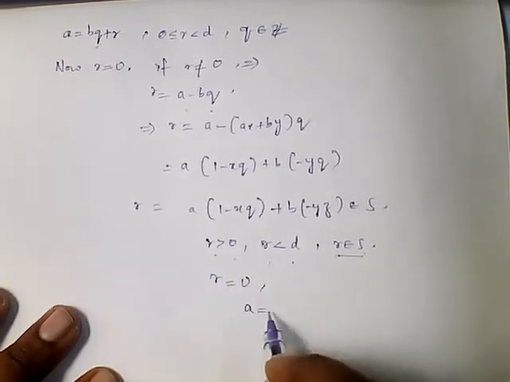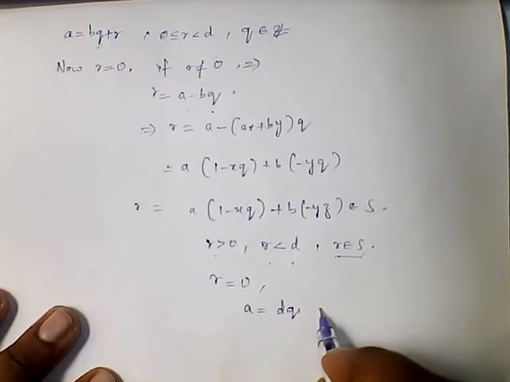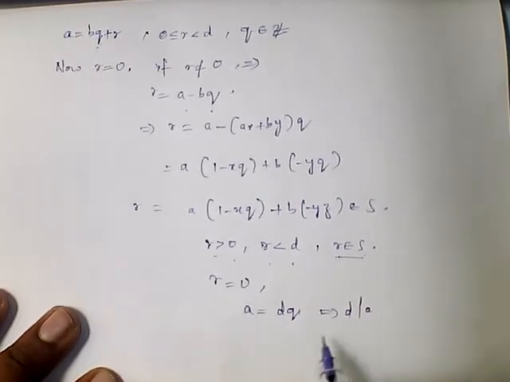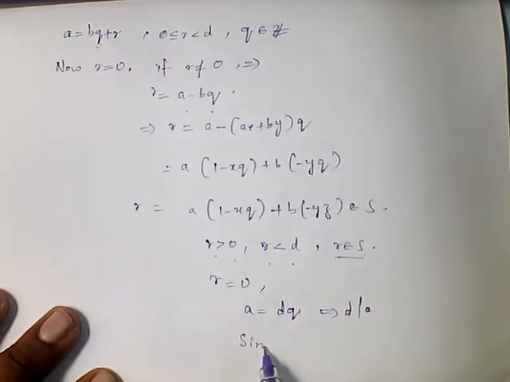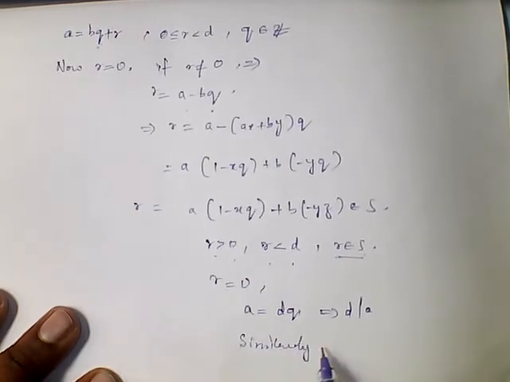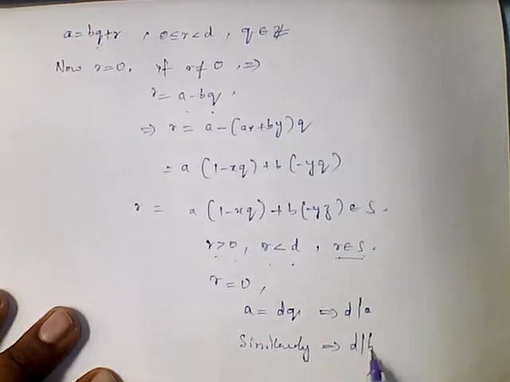So a equal to dq, that implies d divides a, and similarly we can write for b, that is d divides b.